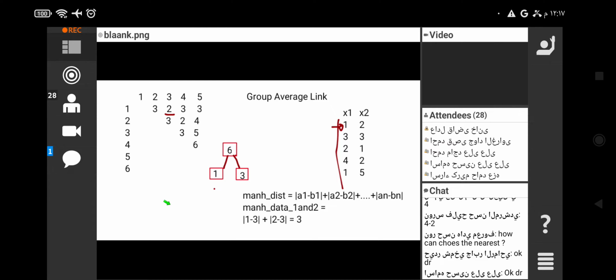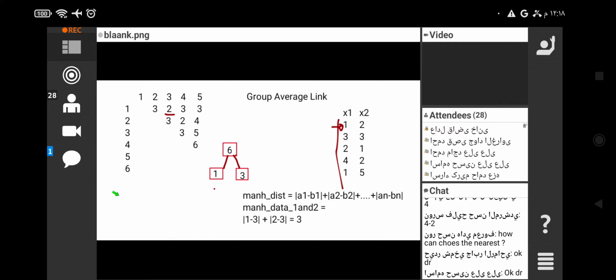Cluster 6 has 2 data. As I said, in the group average link method, we are finding the distance between the averages. The average of cluster 6 is the average of data 1 and 3. So let's calculate it here.